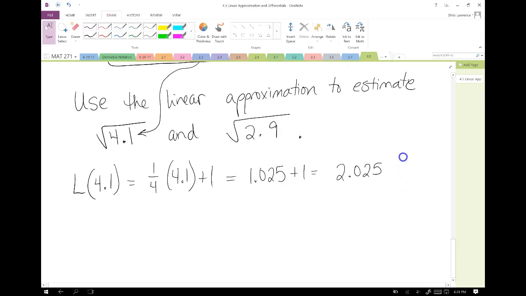And if we want to, we can compare that to the exact value of square root 4.1, and that one we will have to use our calculator. So if we type in our calculator and ask what the exact value for square root of 4.1 is, and let me grab my calculator.